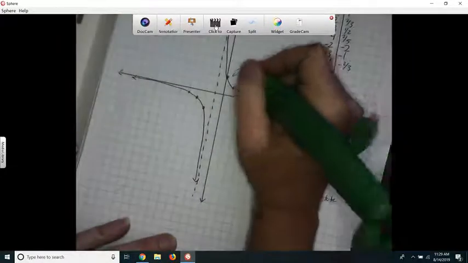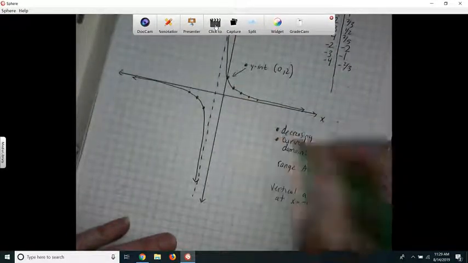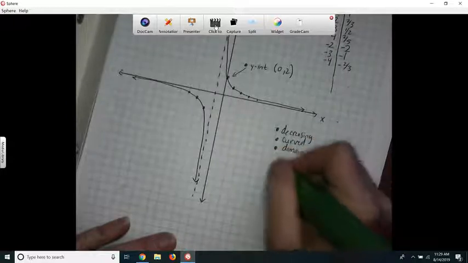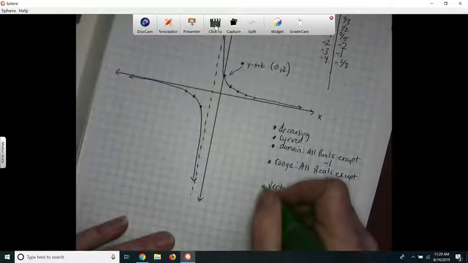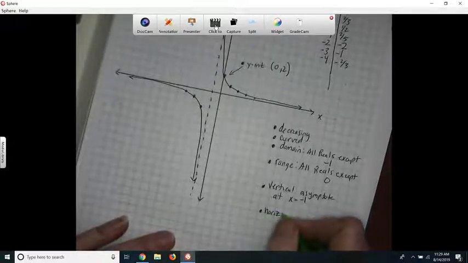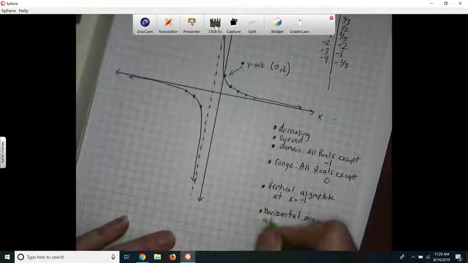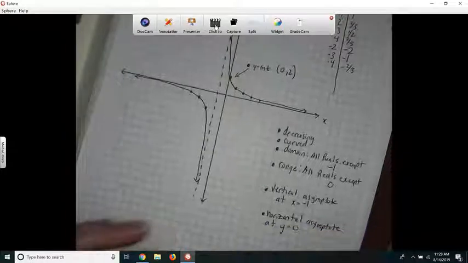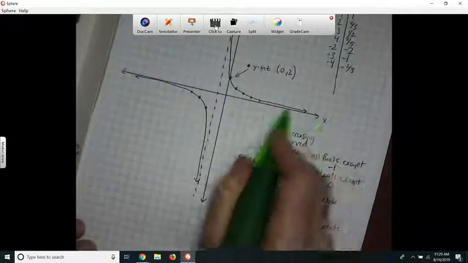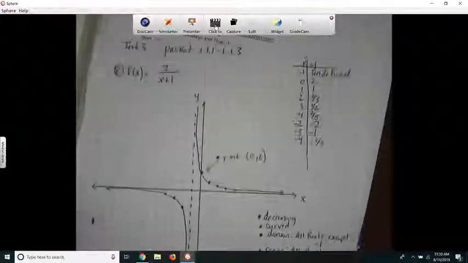And you can do stuff like this so that people can read what you're trying to say. And then I'll say a horizontal asymptote at y equals 0, because this way you have no x values here. Okay, so we'll learn more about asymptotes in class, but I hope that helped you with number 8.